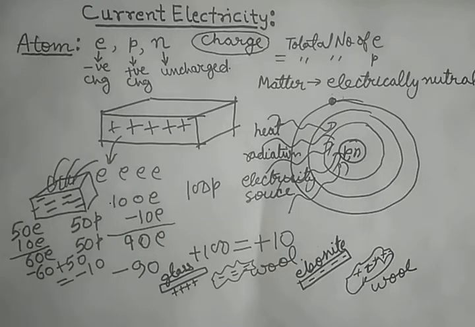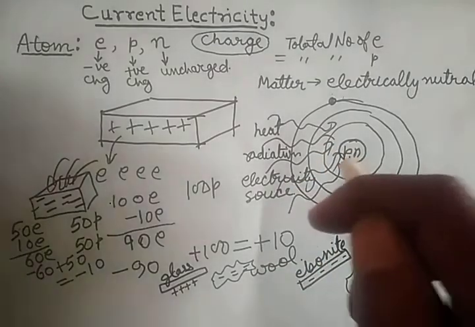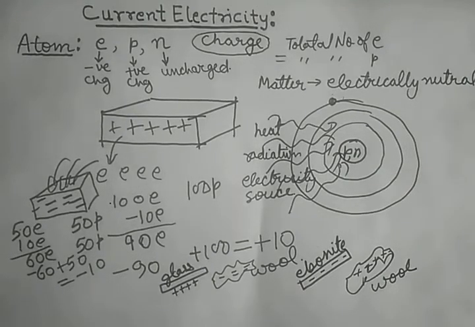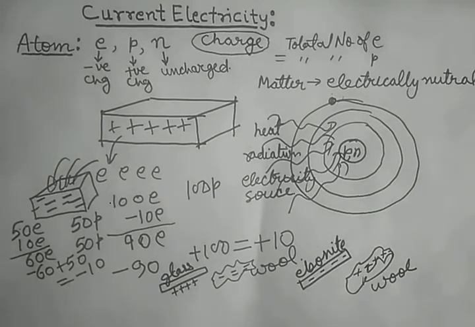The transfer of electron is taking place, not the proton, because proton is tightly held inside the nucleus. So keep this in your mind. Whenever we talk about flow of charge, we will simply think about electrons, nothing else.